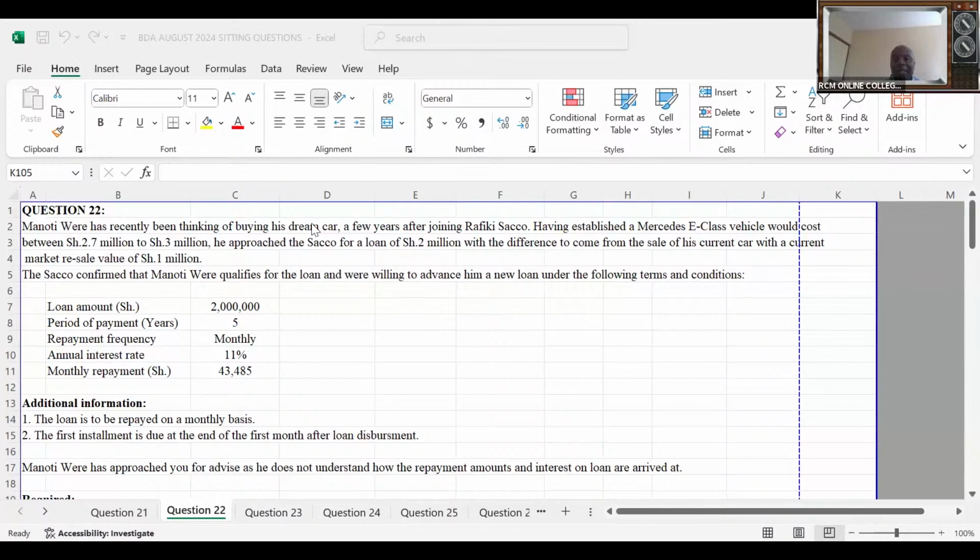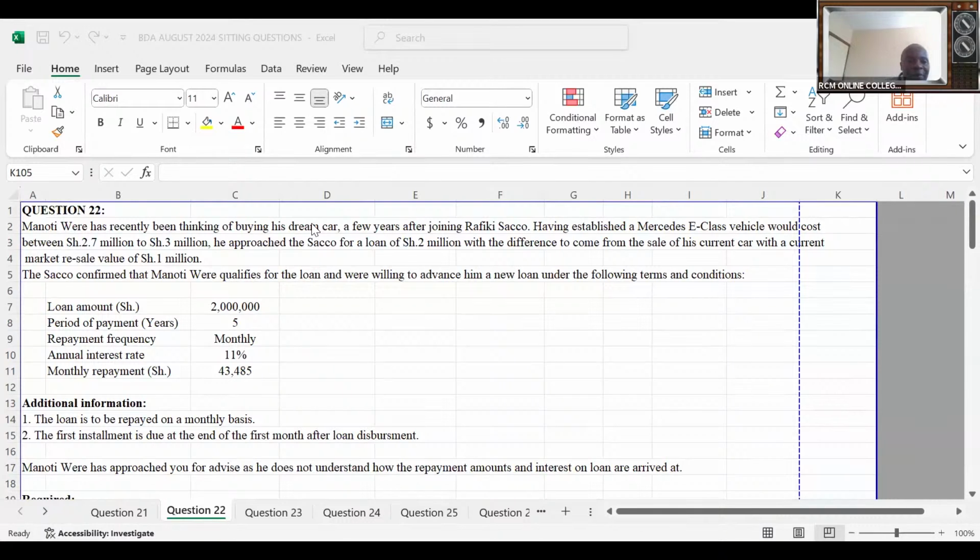Having established a Mercedes E-Class vehicle would cost between 2.7 million to 3 million, he approached the circle for a loan of shillings 2 million, with the difference to come from the sale of his current car with a current market resale value of 1 million.